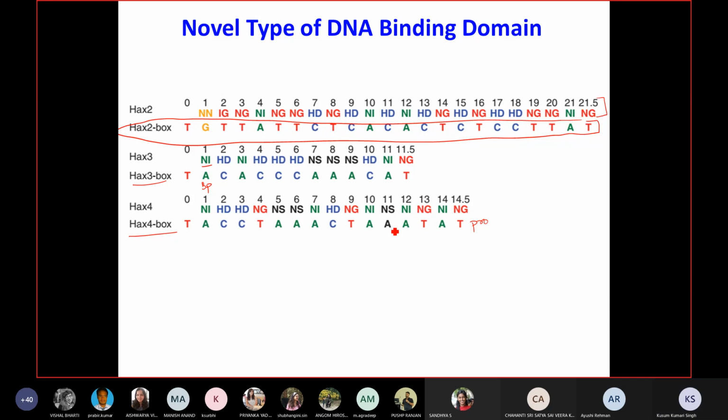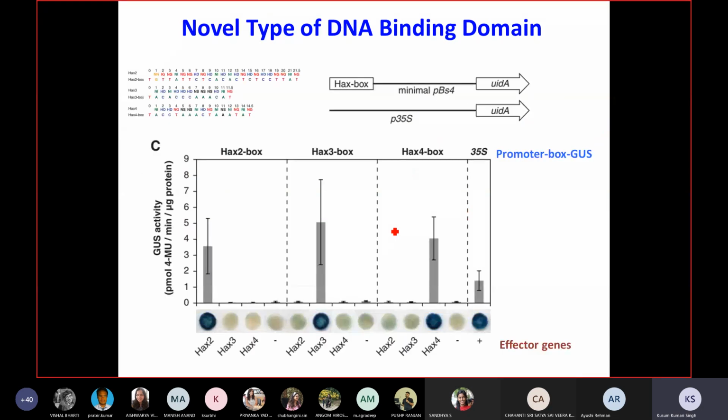So then they performed an assay where reporter systems were created, where they tagged their promoter region with a GUS reporter system, and with the help of color, basically blue color, they were able to find that only cognate pairs work. For example, only an effector gene having HAX2 will induce the HAX2 promoter sequences.